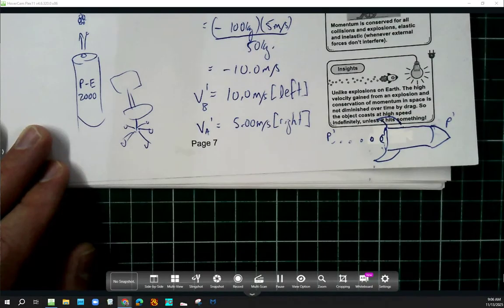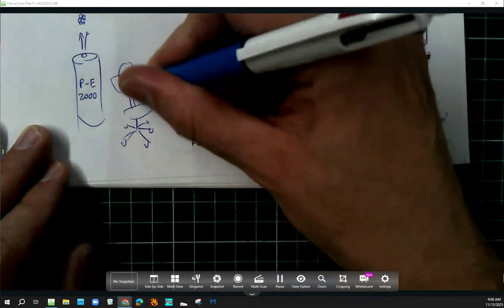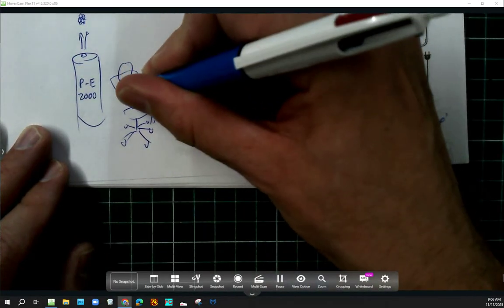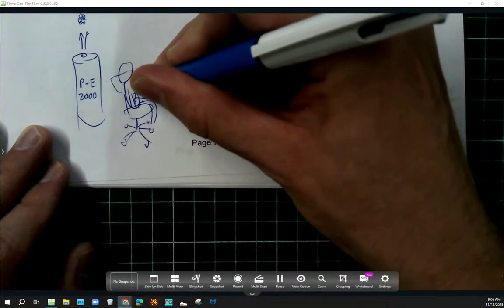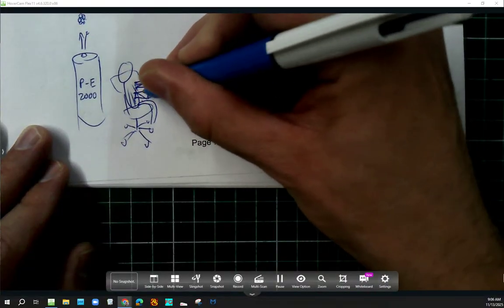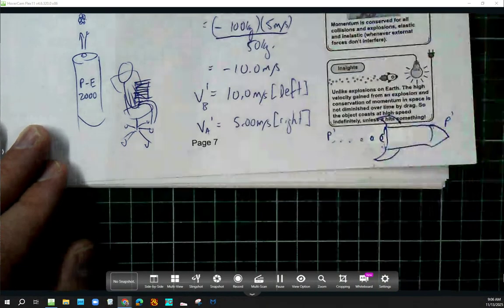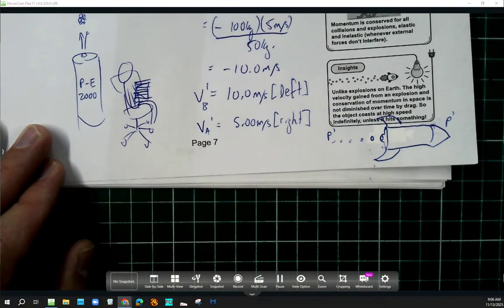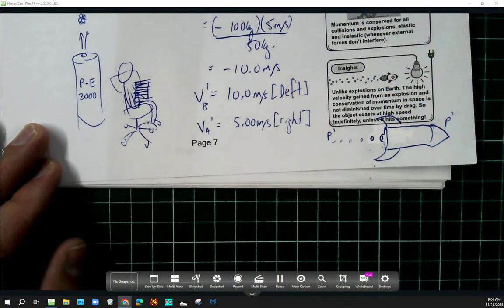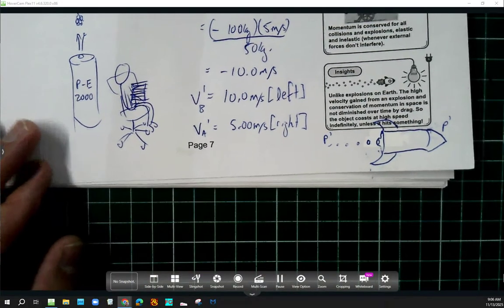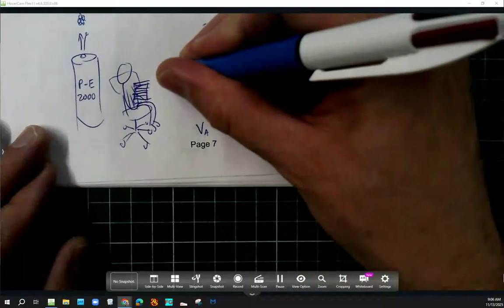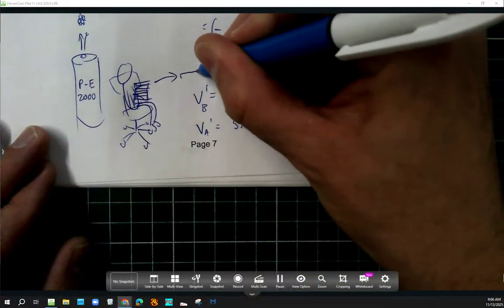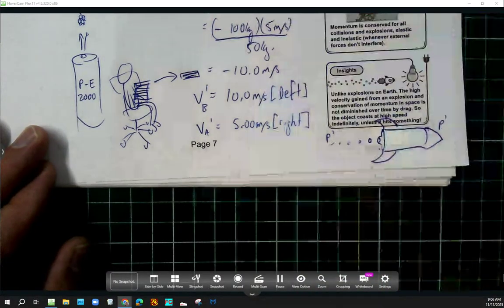If you have a person sitting in this office chair, and you stack a stack of textbooks on the person's lap, and say, okay, you've got to propel yourself, the easiest way, let's say with biology textbooks, because you'd never do this with physics textbooks, is to start tossing biology textbooks off your lap. What's going to happen to the person?